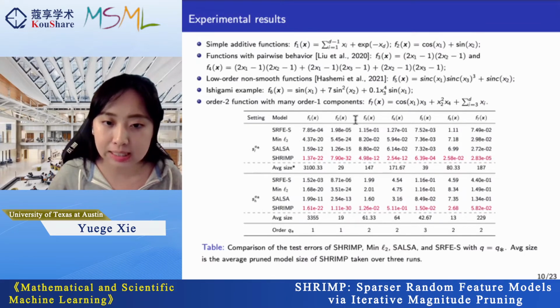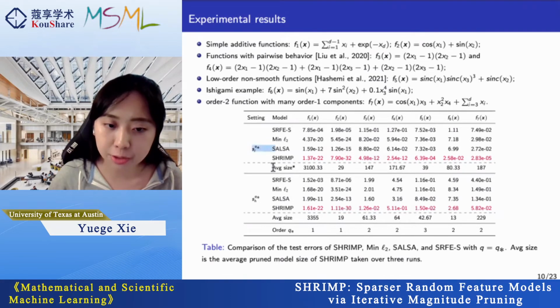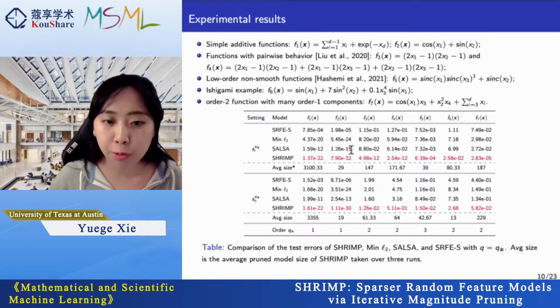And as we can see from this table, for both low dimension or high dimension function approximation, shrimp can obtain the best test performance over all the methods, especially for the very simple additive functions.